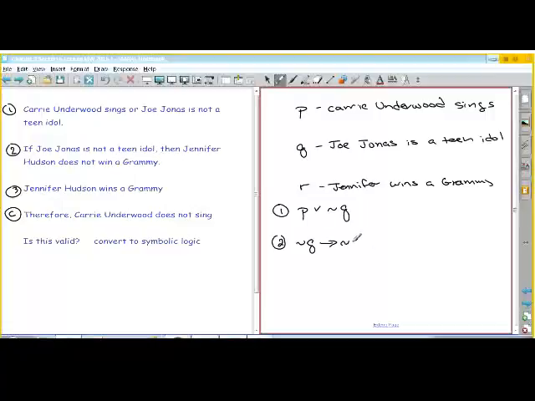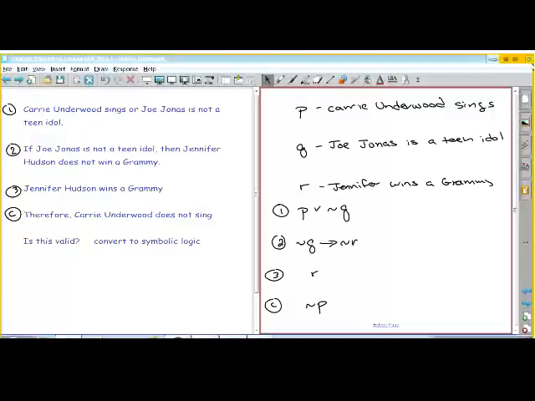Jennifer Hudson does not win a Grammy, so that's going to be the negation of R, since R is she wins a Grammy. And premise 3 is Jennifer Hudson wins a Grammy, which is just going to be R. So we've got an OR statement, an if-then statement, and just a statement. And then our conclusion is Carrie Underwood does not sing. So the conclusion would be the negation of P. So those are my symbolic translations of the original word premises and conclusions.